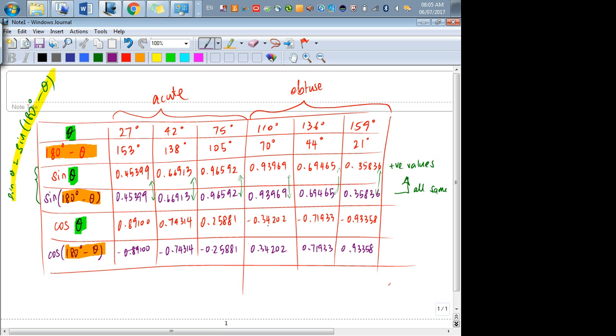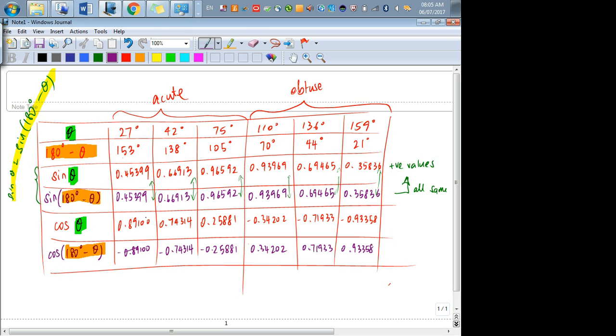Whereas for your obtuse values of theta, negative, positive, negative, positive. So you notice that the results for cosine theta and cosine 180 degrees minus theta are opposite in sign. When one is positive, the other will be negative. When one is negative, the other will be positive. Okay? What else do we notice?